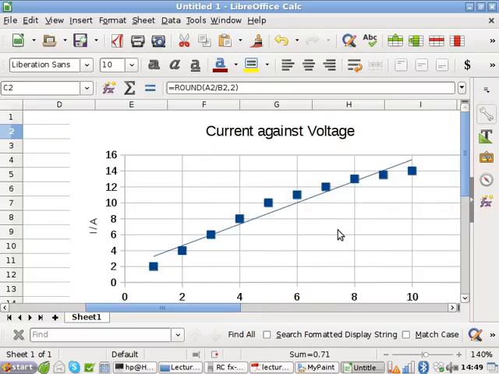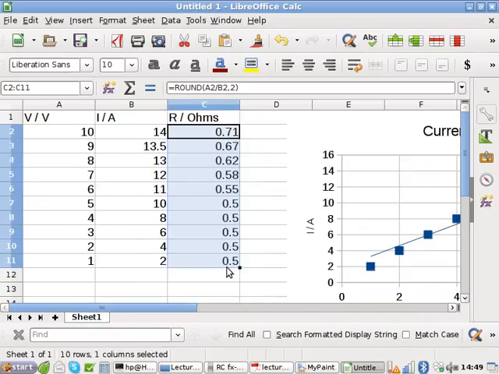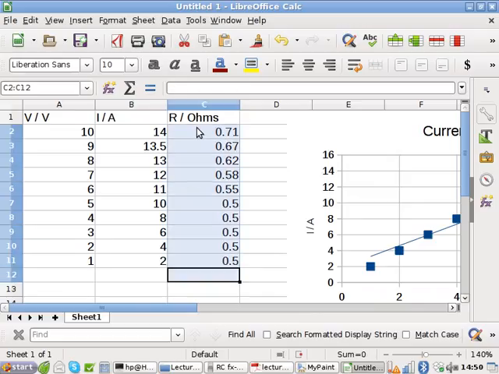Increasing or decreasing as I move? So the R is... It is increasing because, look, you have to start at the bottom and move up, because you start at 10 and you go to 1. So as you go from 1 to 10, your R increases from 0.5 to 0.7. Can you add this to your table, please?